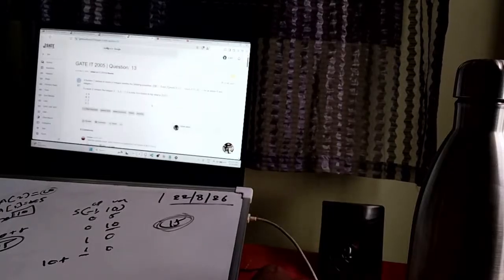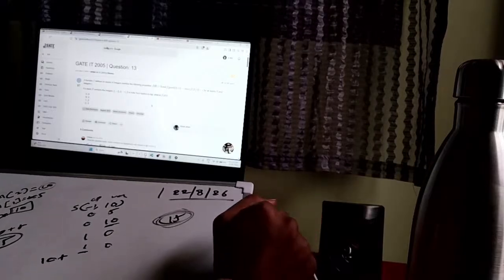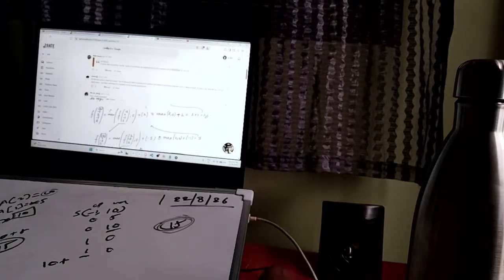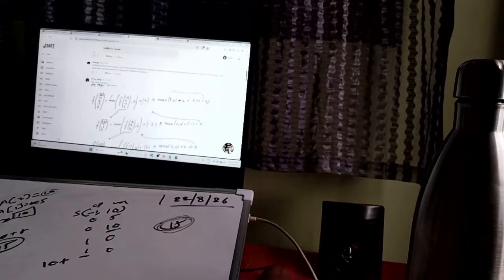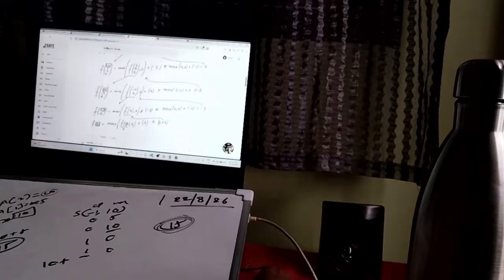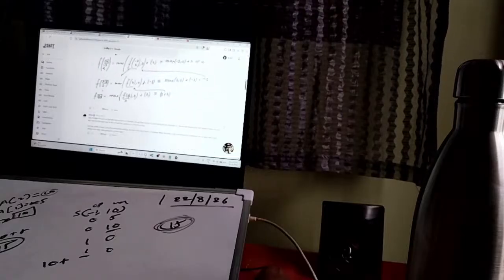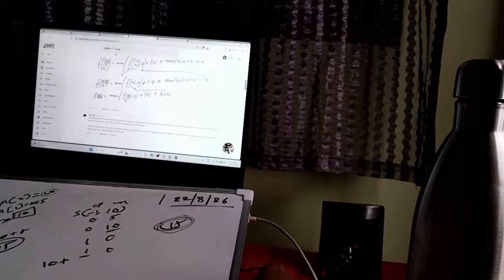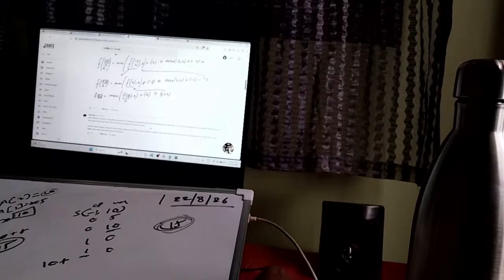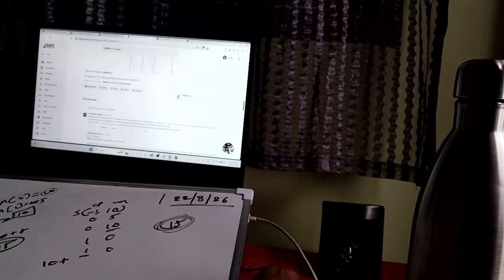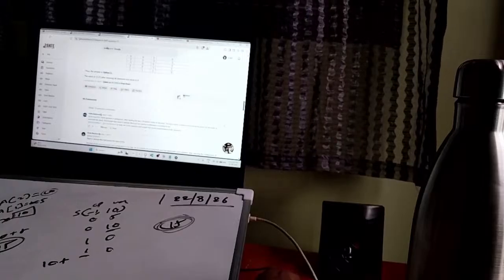Someone also mentioned this function, max plus 2. Solution and after the solution, okay, let me just see.